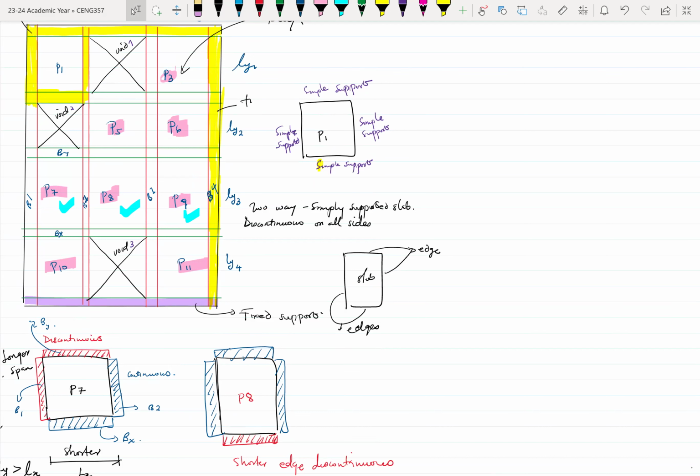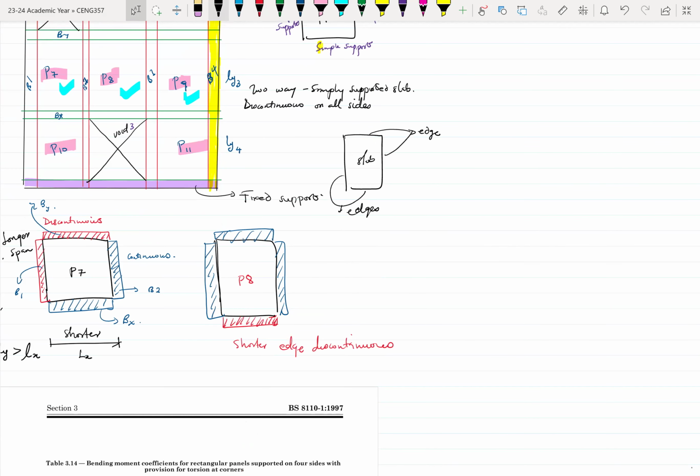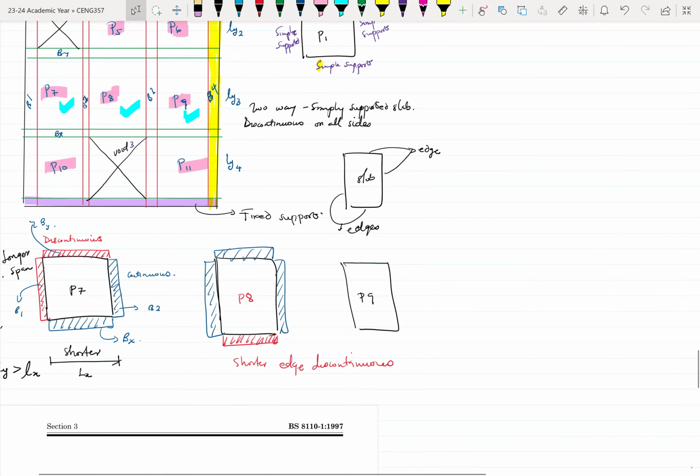With panel 9, the same idea is going to be worked on. Let's see how it goes. This end on the left of it is continuous. The top here is also continuous. The bottom here is also continuous.